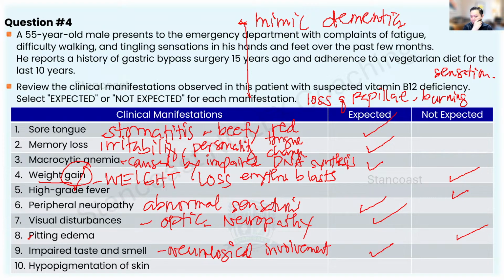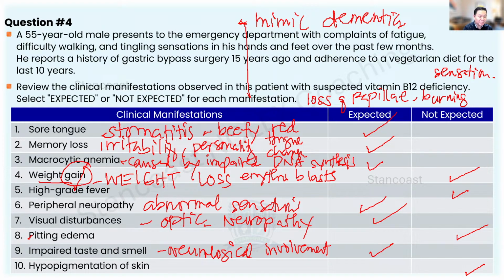Okay. Now, what about hypopigmentation of the skin? Less pigmentation. This is going to be not expected. It is not associated with vitamin B12 deficiency. We can only see hypopigmentation with other dermatological conditions that could be caused by some nutritional deficiencies as well, but not in this condition.